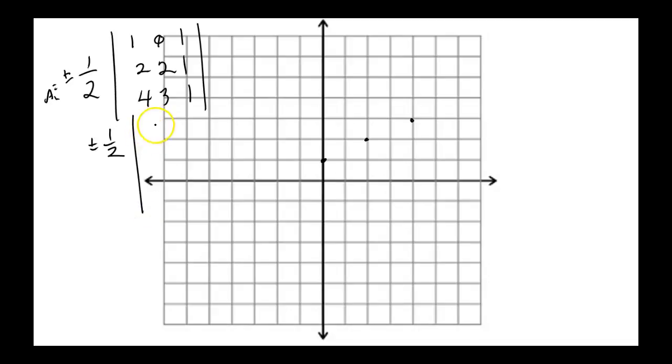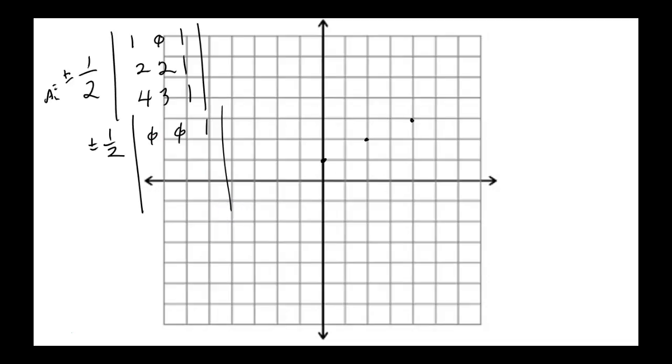Okay, so it'd be 0, 1, 3 for the first column, 0, 2, 3. Wait. You said negative 1 times column 3 plus column 1. So that would be a 0, and that stays a 1, right?